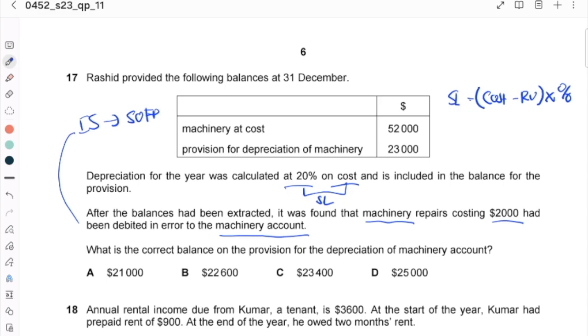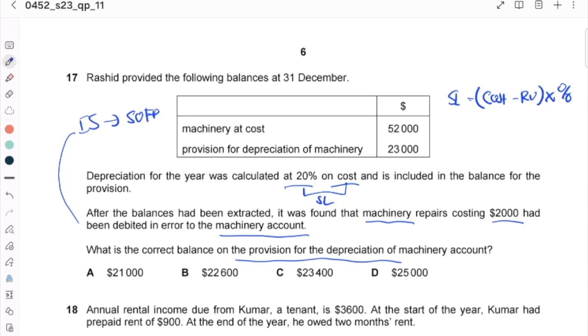The question is, what is the correct balance for provision for depreciation of the machinery account? Because the error is 2,000, we have to calculate how much of this 2,000 you put into provision for depreciation.